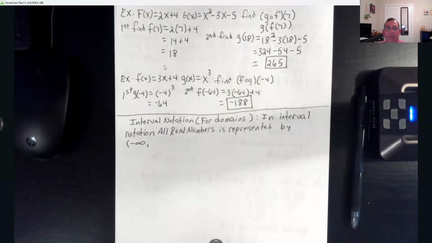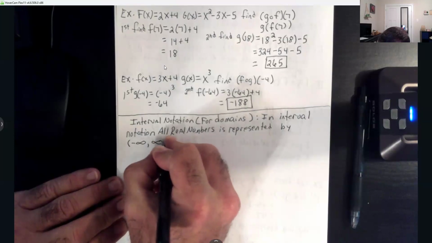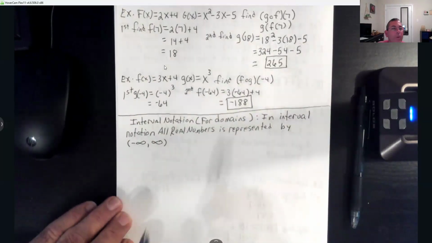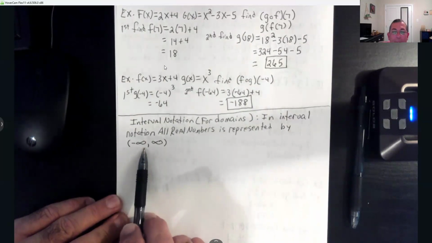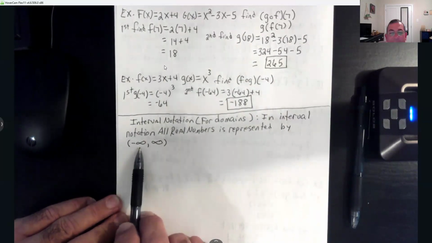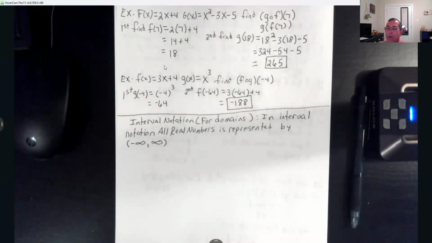If we keep going through the positive numbers, we're headed off towards positive infinity. So, good job. So y'all look at this. To represent all real numbers now, we can say negative infinity to positive infinity. That means we're covering every single possible real number that there is.